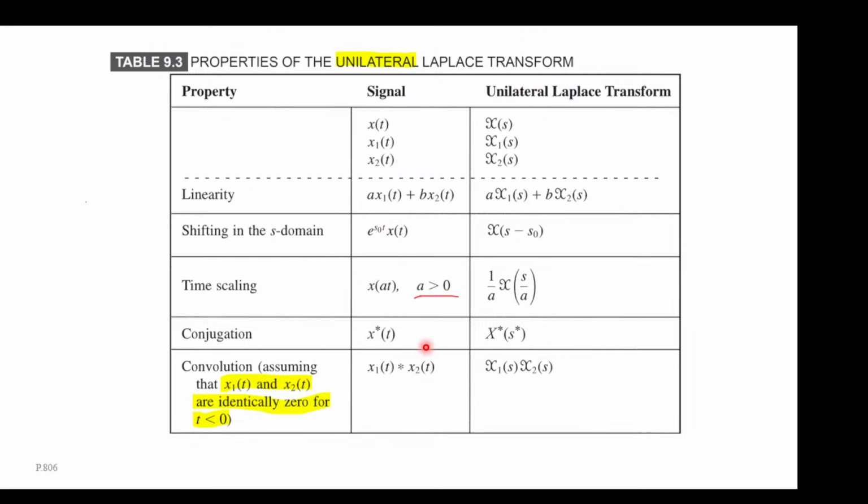And then time scaling, so we see the first difference here. With time scaling you get a factor of a, so x of at transforms to 1 over a, big X of s over a. But the difference here is you must have a greater than 0, because you cannot have time inversion here.